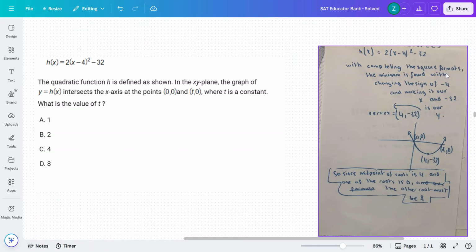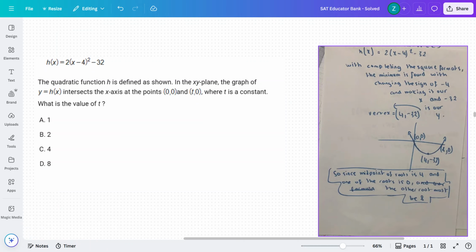So in the completed square format, we can find the vertex. Here it's going to be the minimum point because we have an upward-opening function, right? Our highest degree coefficient is positive. Therefore, we know that's going to be a minimum and not a maximum.